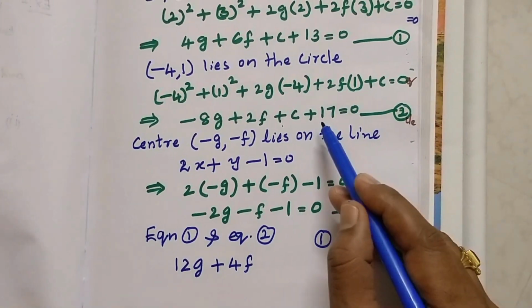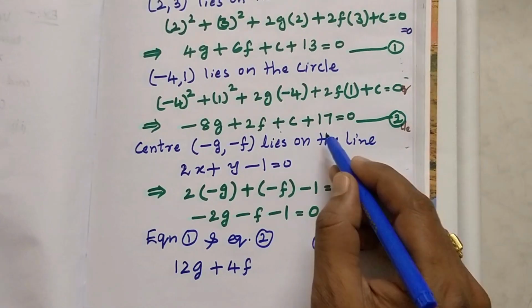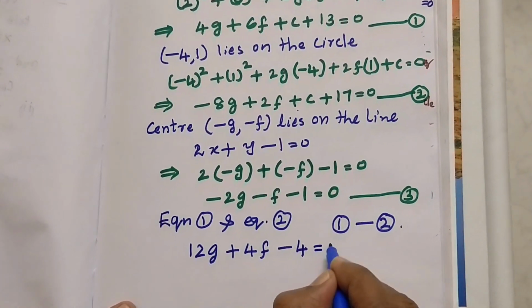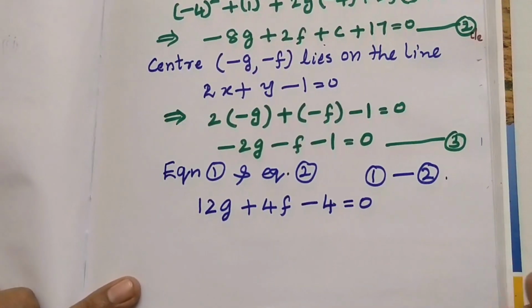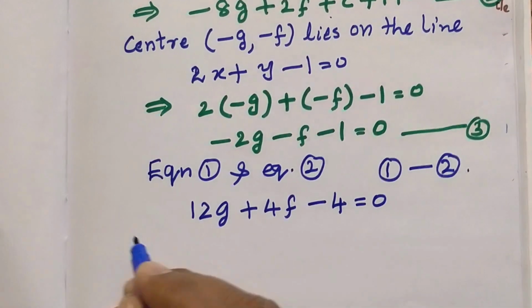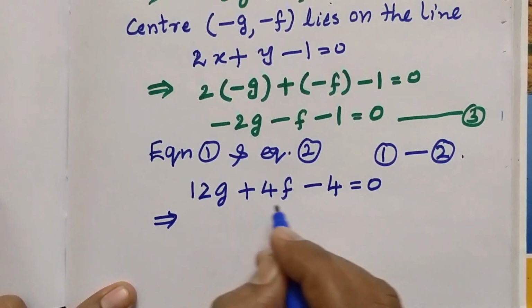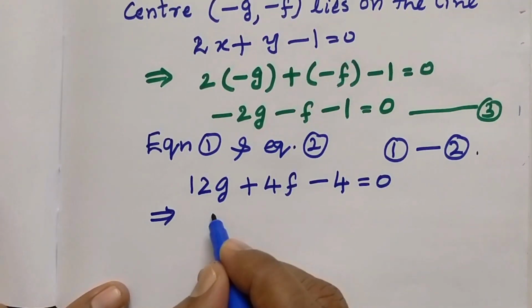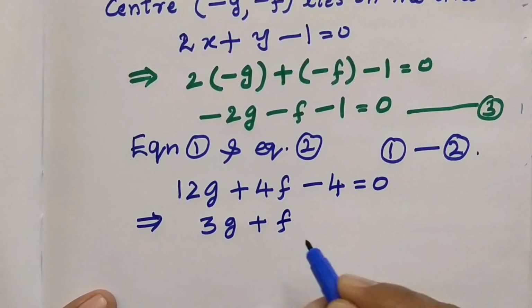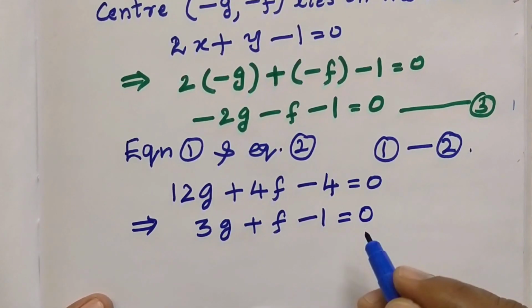Plus 13 minus 17 is minus 4 is equal to 0. Here you take 4 as common. This you can write, divide with 4, what you get? 3g plus f minus 1 is equal to 0. This is, I say that, fourth equation.